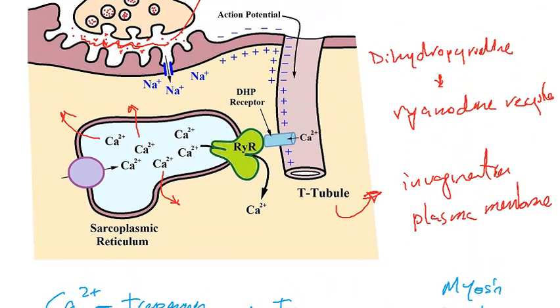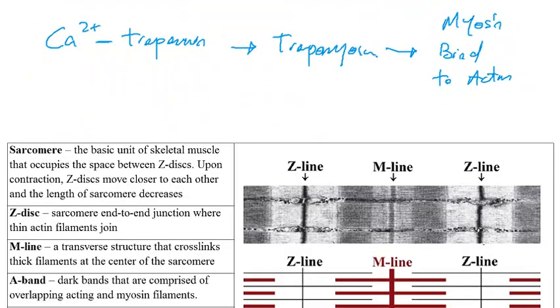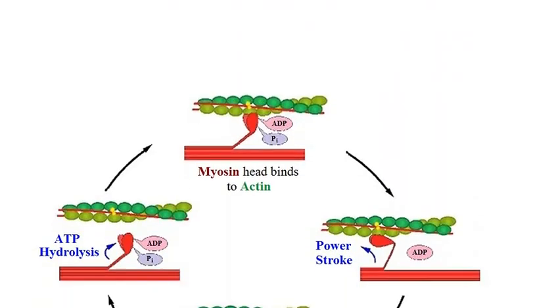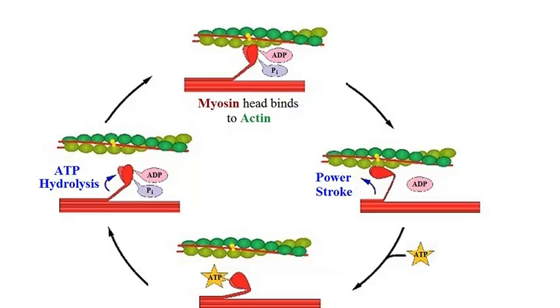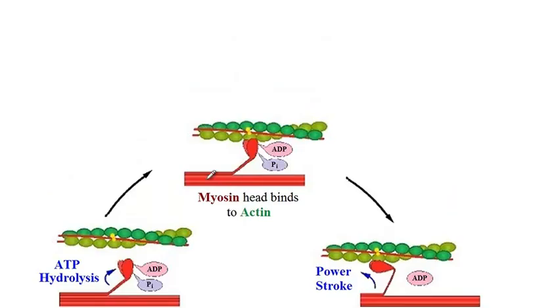We just discussed how calcium was released. So now let's discuss how calcium affects actin filaments in here. So here you can see that we have a myosin fiber and an actin fiber that is made of two fibers that are twisted together. Now on the actin we have two proteins. One is called tropomyosin, which covers the binding site of myosin on actin.